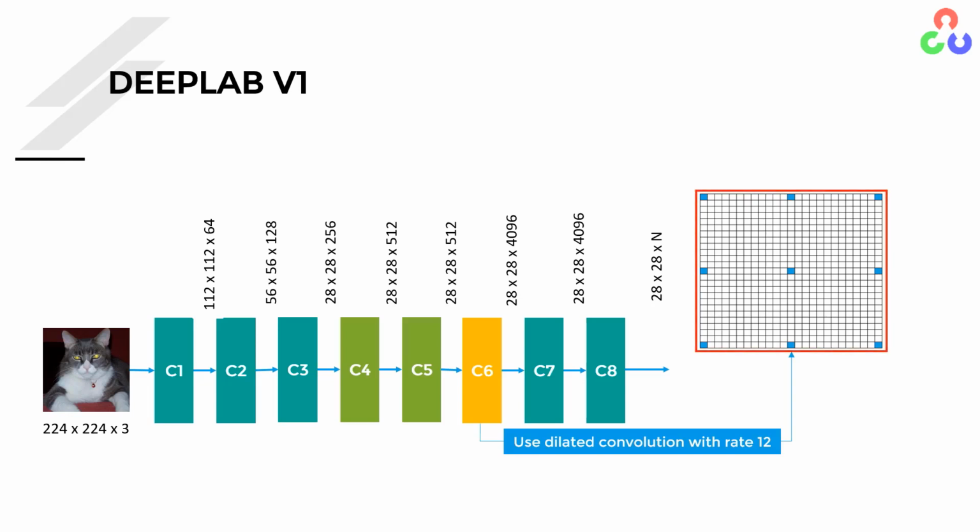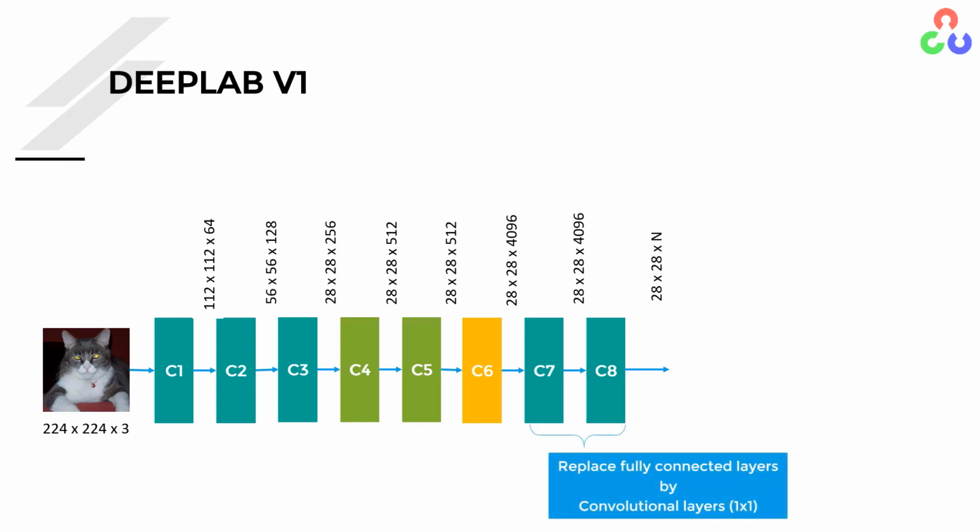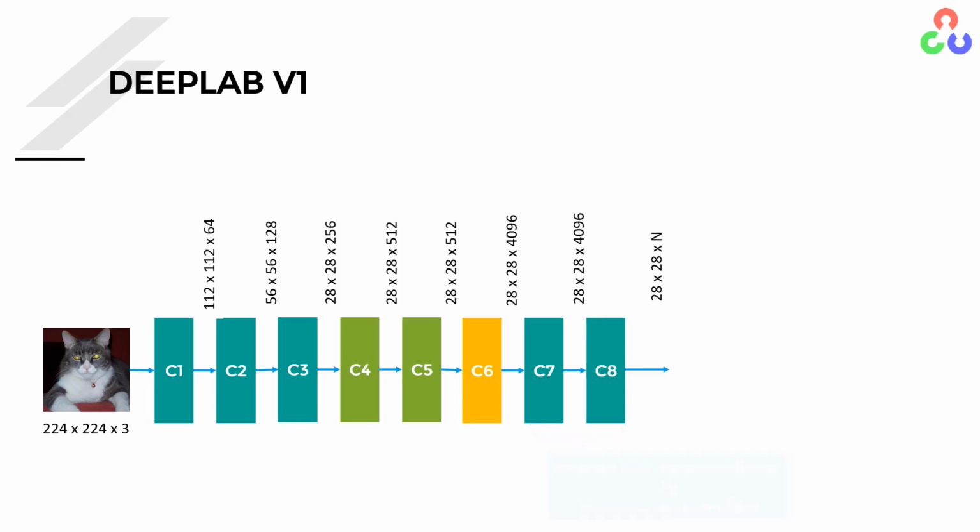And next, they have also replaced the fully connected layers. You remember these 2 layers at the end were fully connected. They have replaced them with convolutional layers containing 1 by 1 convolutional filters. This is the standard technique we have been using whenever we want to change a network to use arbitrary sized images.